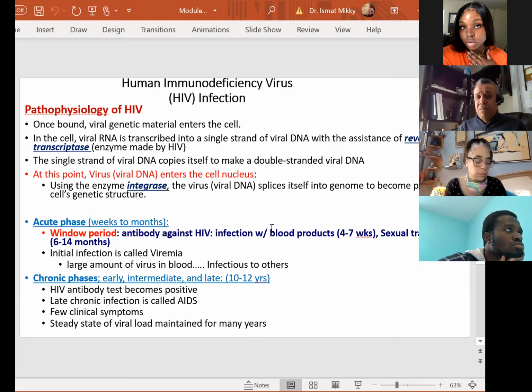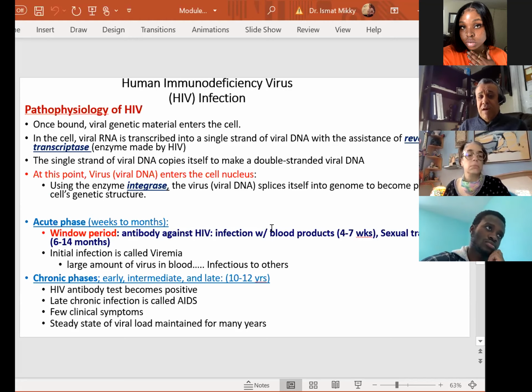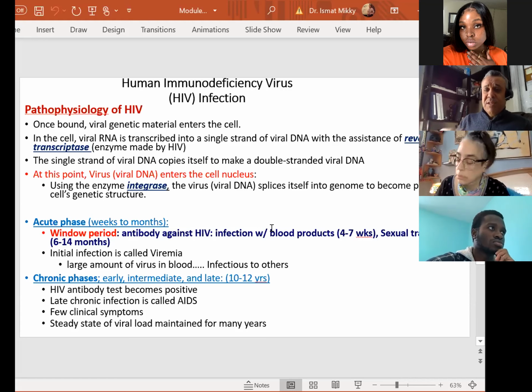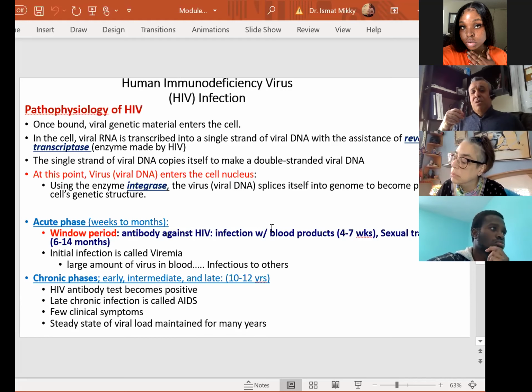The T helper cells, the CD4, are the target of the HIV virus. The virus attacks the CD4, which means the CD4 count will be reduced.